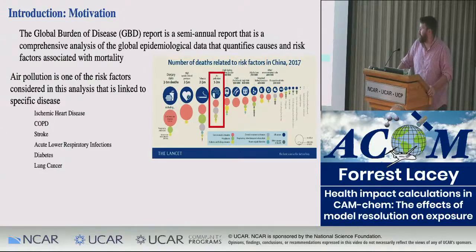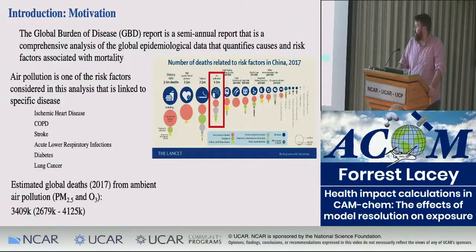And that's through specific disease outcomes such as ischemic heart disease, COPD, stroke, lower respiratory infections, diabetes, and lung cancer. All of these are linked through some studies to air pollution. And I'll get into how that actual framework works to convince you a little bit further.